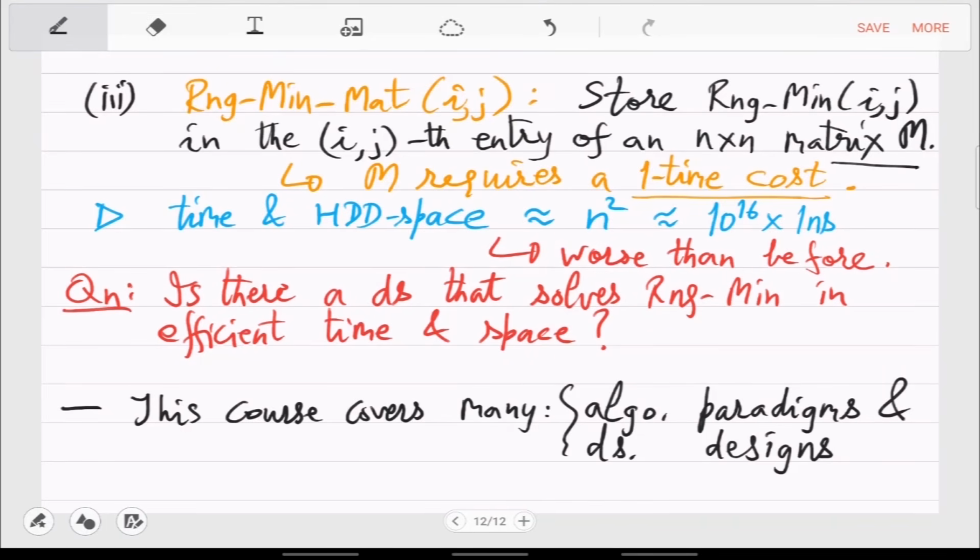Right, and more importantly, in any of these things that we will do, there will be analysis. So we'll be doing almost rigorous analysis.